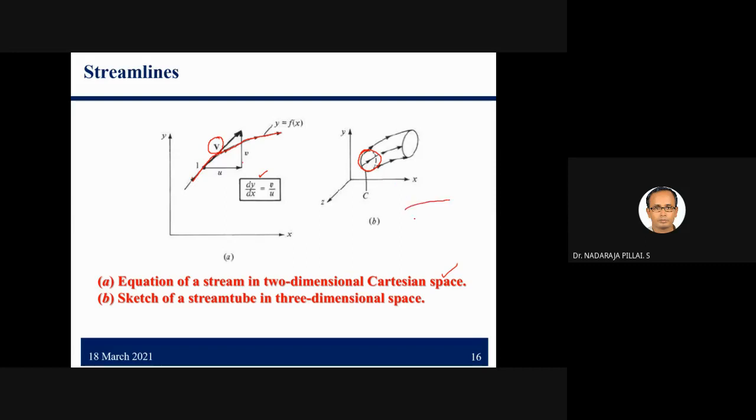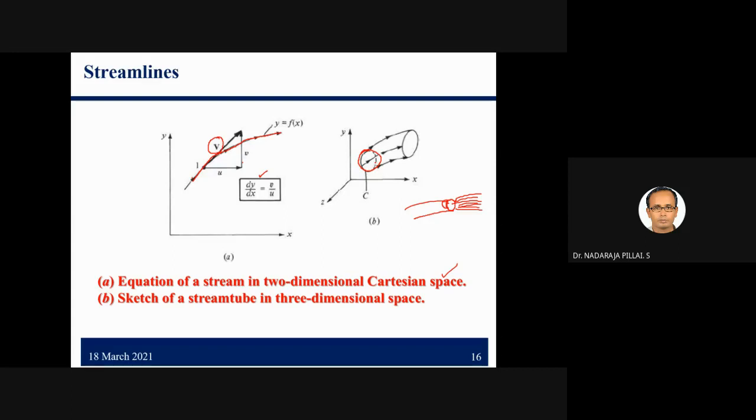We have a hose in the garden, and the water flows. So we can say that the hose pipe is the stream tube. The stream tube has many streamlines on the surface of the curve C, which creates a tube called the stream tube, right?